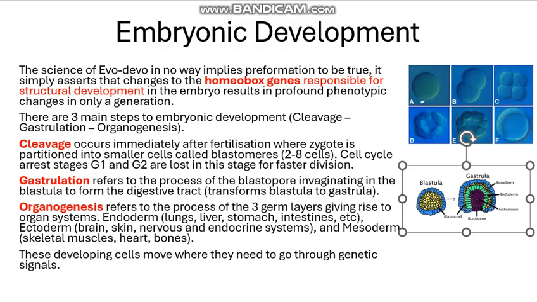There is a pore in the blastula called the blastopore. This pore invaginates, as you can see here on the image on the right, this purple structure. That's the pore invaginating to form a digestive tract.